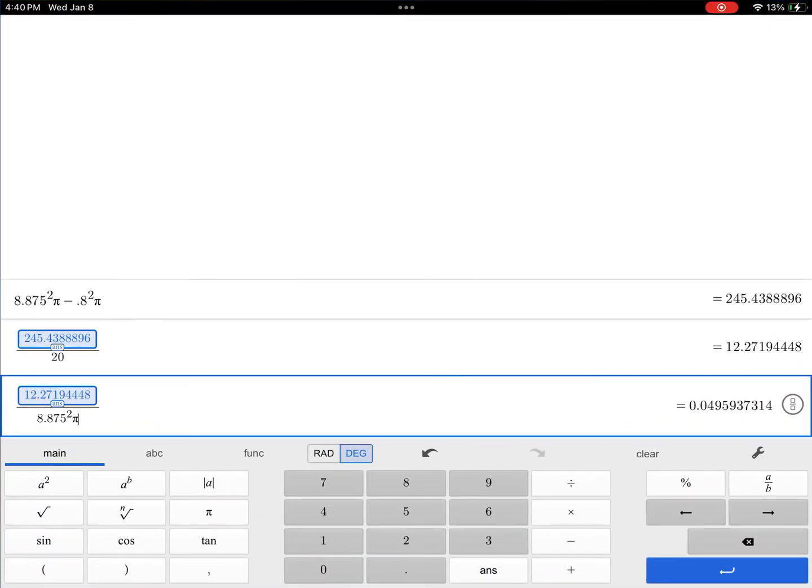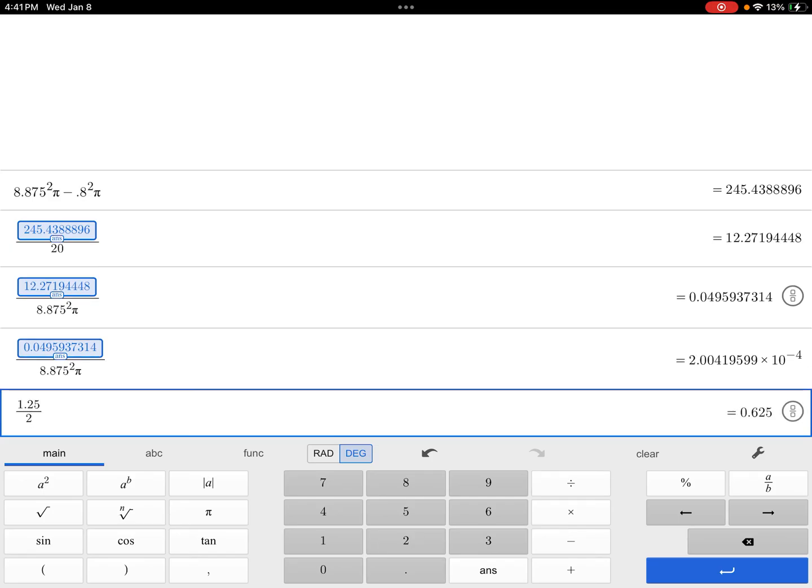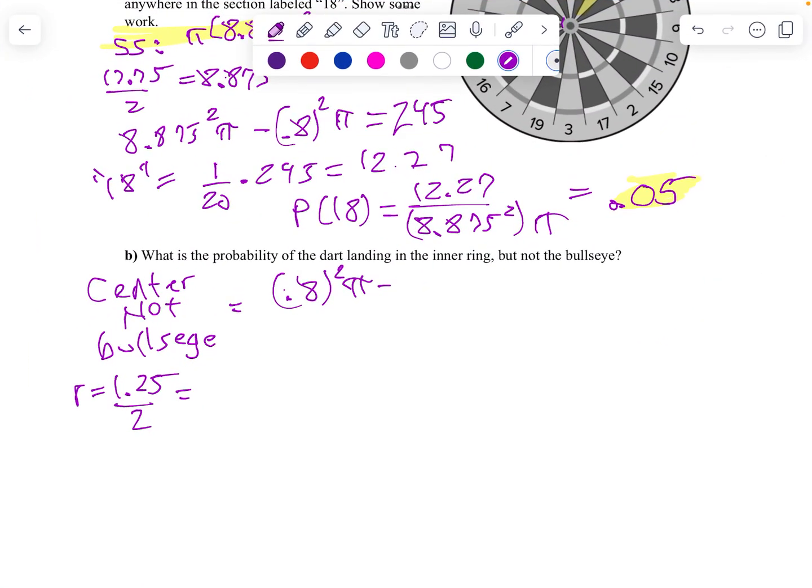So 1.25 divided by 2, I do believe that's 0.75, but I'm going to double check that here. Oh, 0.625, thank you. Should have not trusted myself. So 0.625 squared pi.